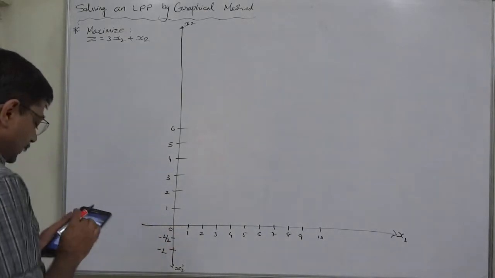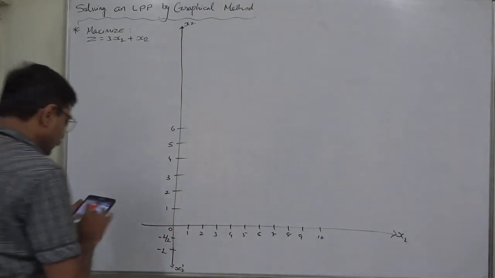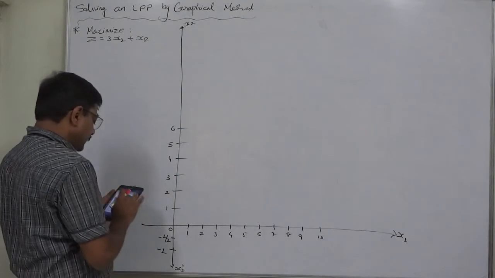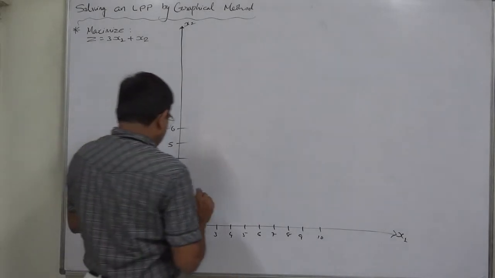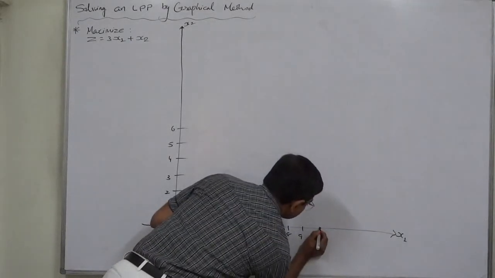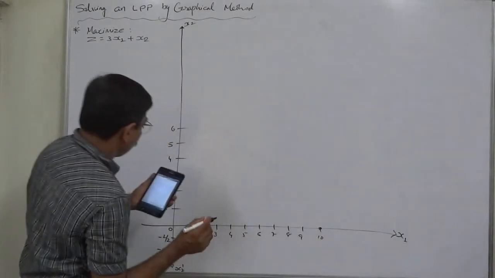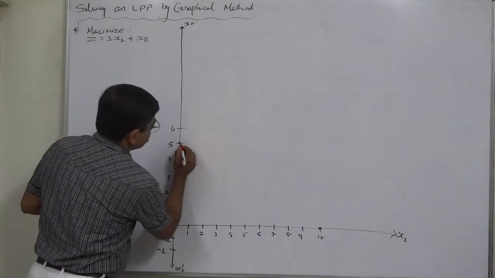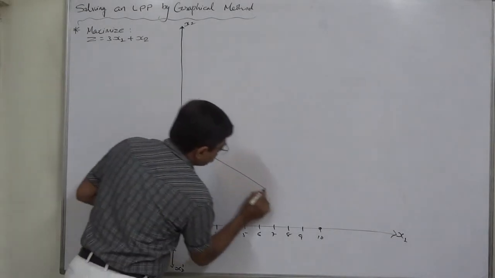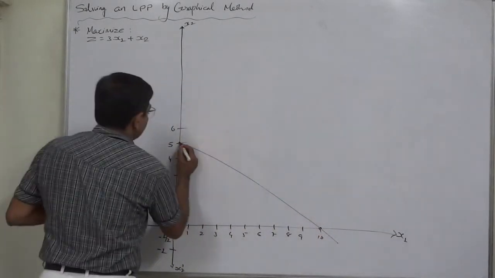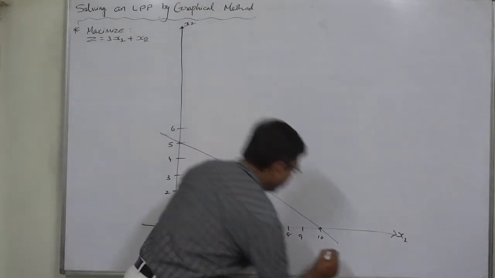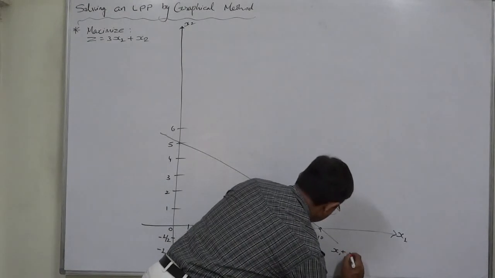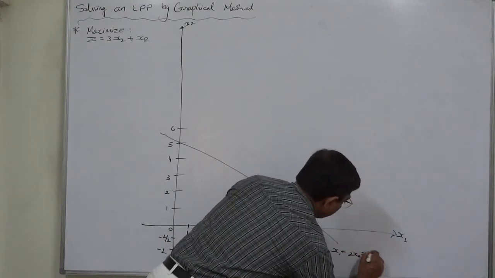Okay, the first is, in the simplification of first constraint, x1 10 and x2 5. This is the line of equality, and that is x1 plus 2x2 equals to 10.